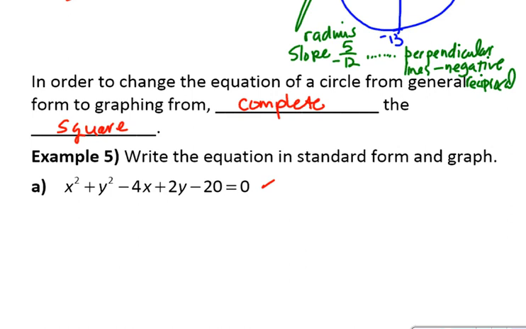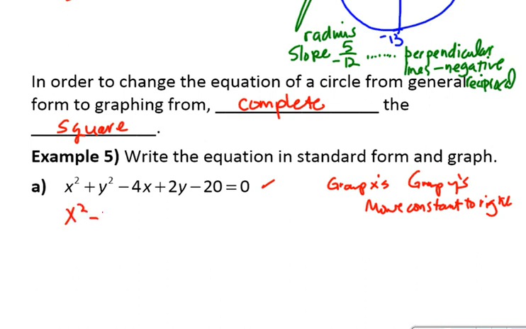All right, so step one, I'm going to group the x's together, and then I'm going to group the y's together, and let's move the constant to the right. So that's what I'm going to do first. So I'm going to do x squared minus 4x.